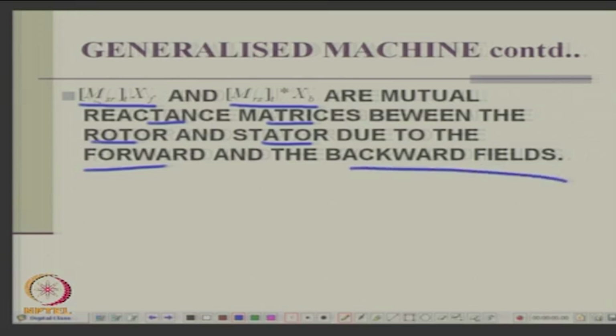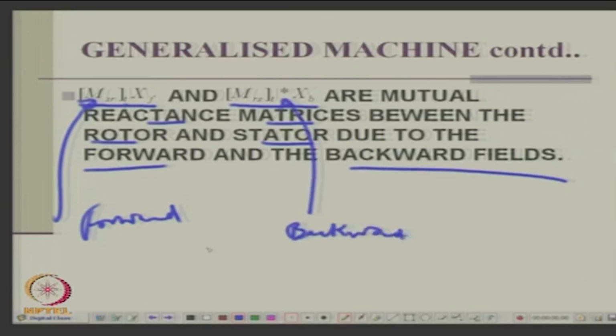So, this is due to the forward field, that means if the rotor carries a current, it will give a forward field, and whatever it induces in the stator will be related with this, okay, and this is the backward. So, why are we taking MSR transpose? For the forward, why are we getting MSR transpose Xf?